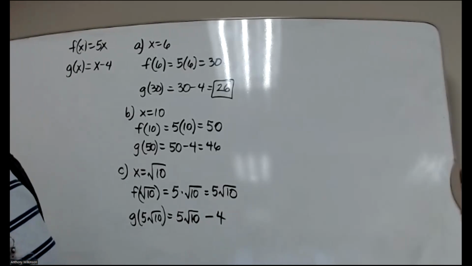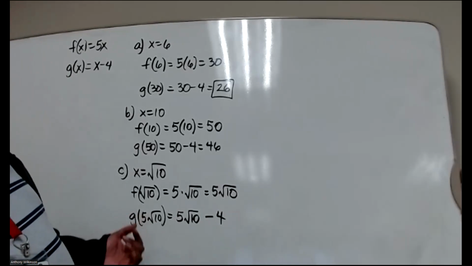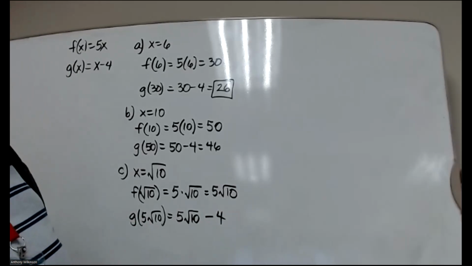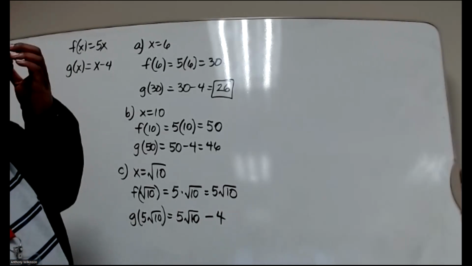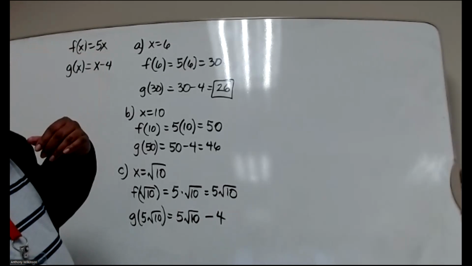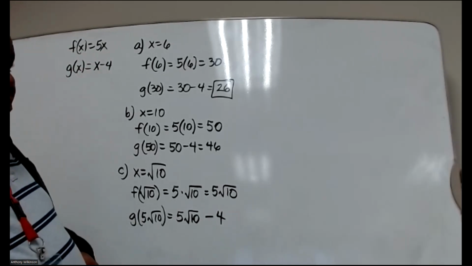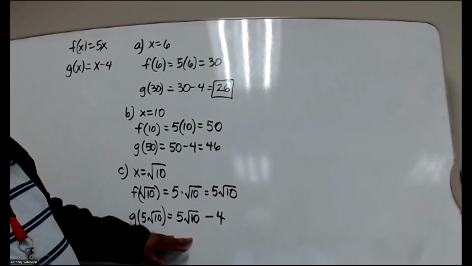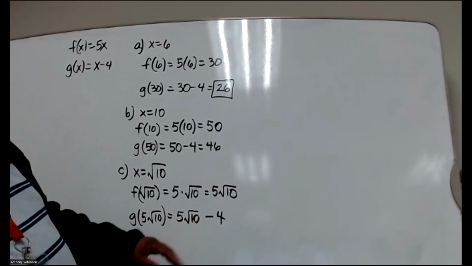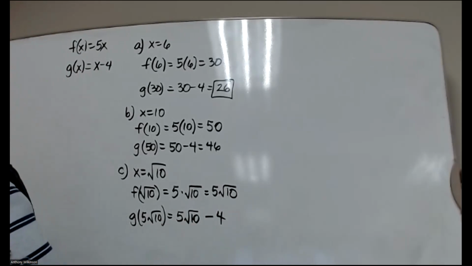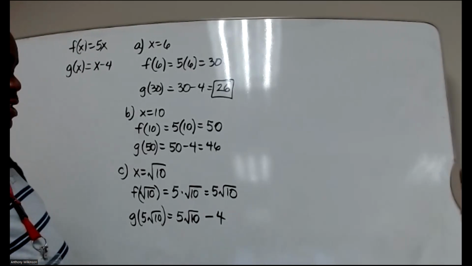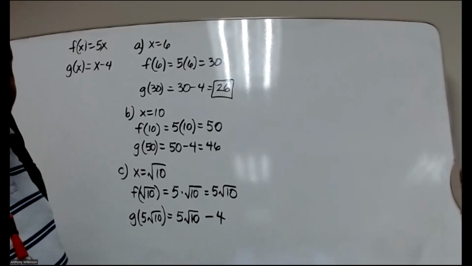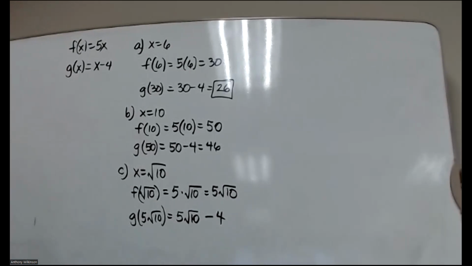And if you were doing this on some homework platform like MyMathLab, they will want this as the exact answer. I'm not going to ask you to give me a decimal value for 5 square root of 10 minus 4. So we can just leave it like this. Okay, questions on part C?